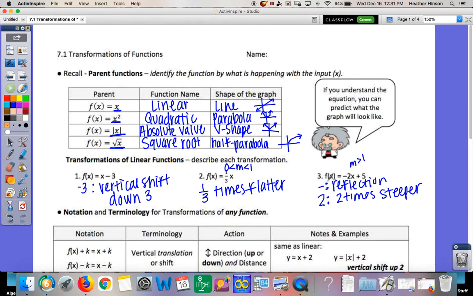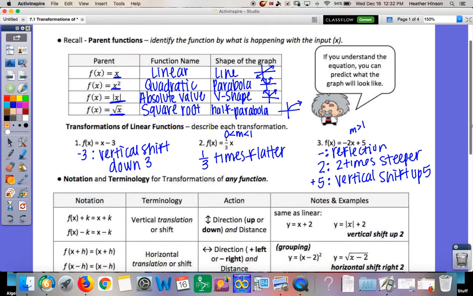The negative is separate. The 2 is greater than 1, so it's steeper. And then what about the plus 5 at the end? That's a vertical shift. It's plus, so it's going to be up 5. That's your y-intercept. It's going to move it up 5.